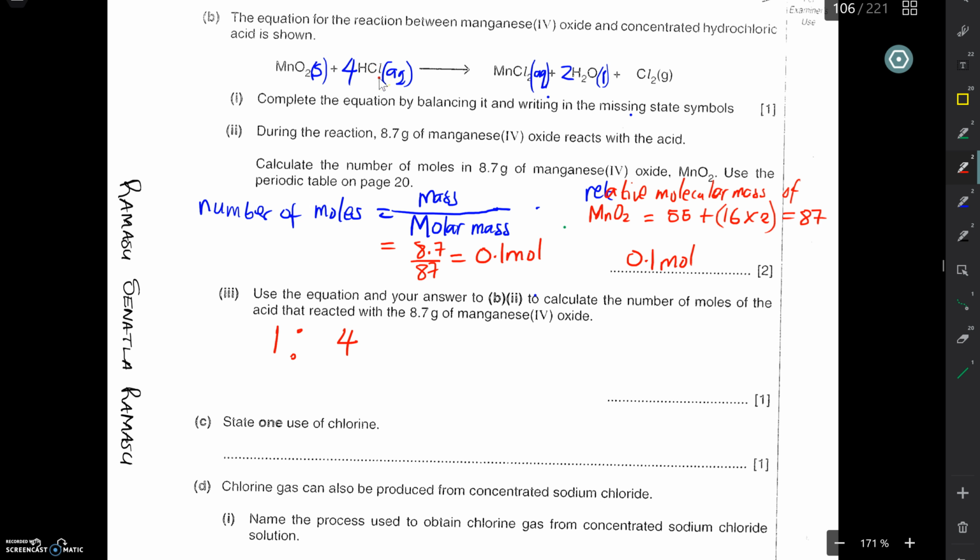Then a source for concentrated sodium chloride is mining. You can mine sodium chloride, and you can also get sodium chloride from the ocean or sea.